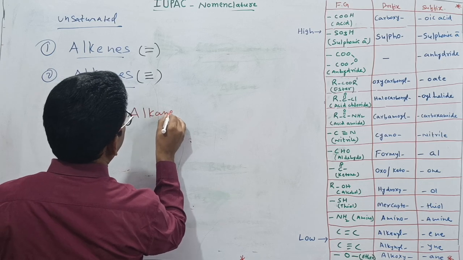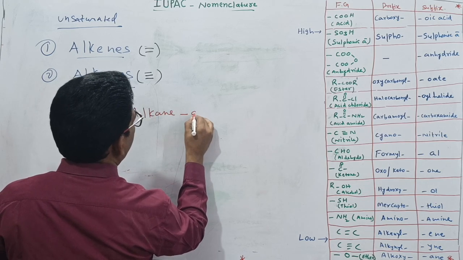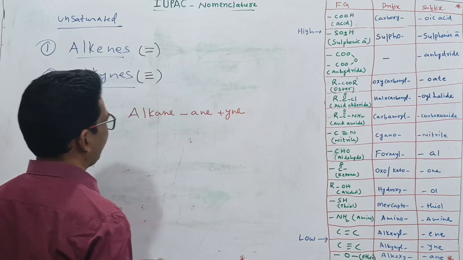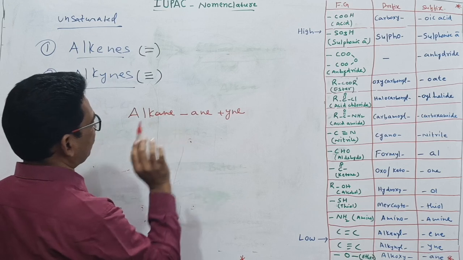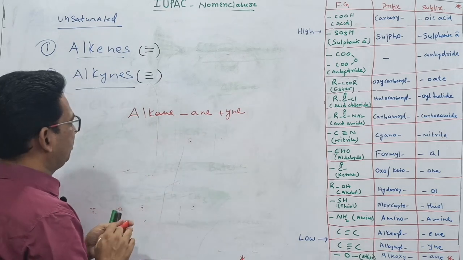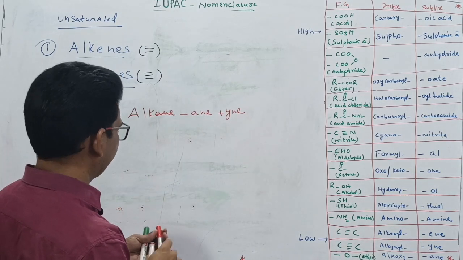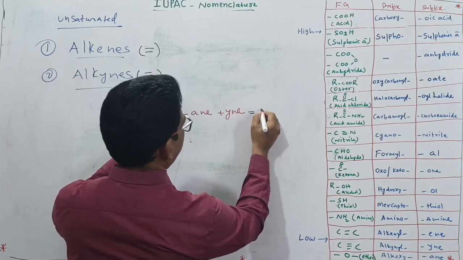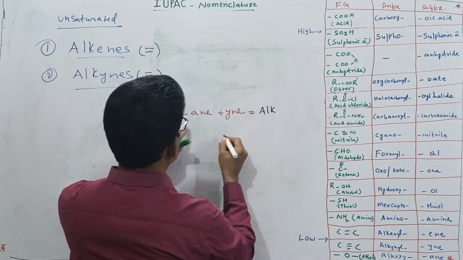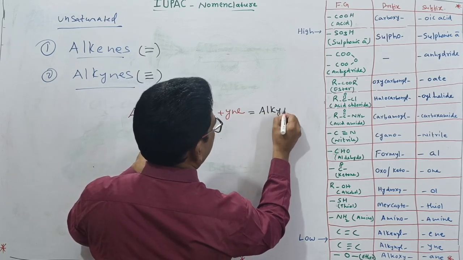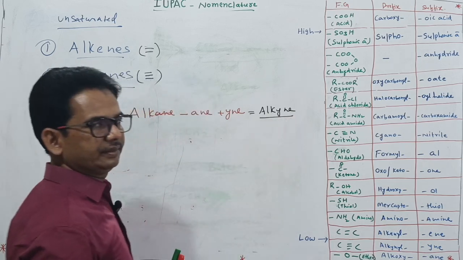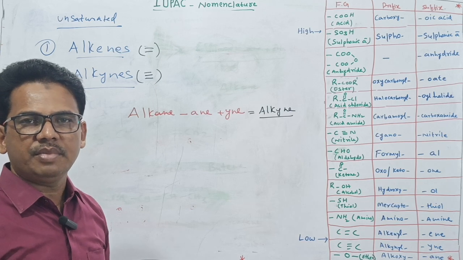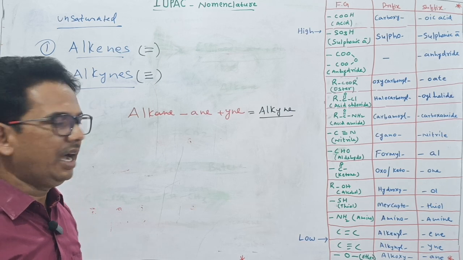Alkane minus ane plus yne. If ane goes out, what will remain? Alk remains, alk plus yne, alkyne. Alkane, from that minus ane plus yne, alkyne.